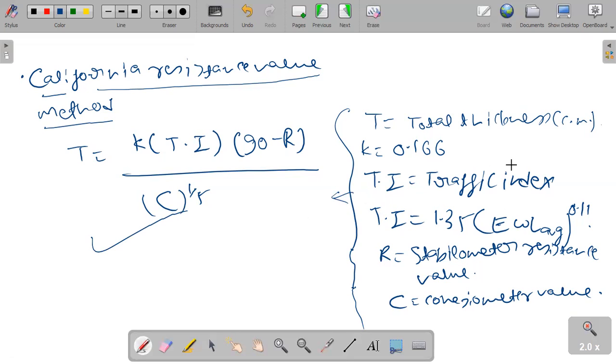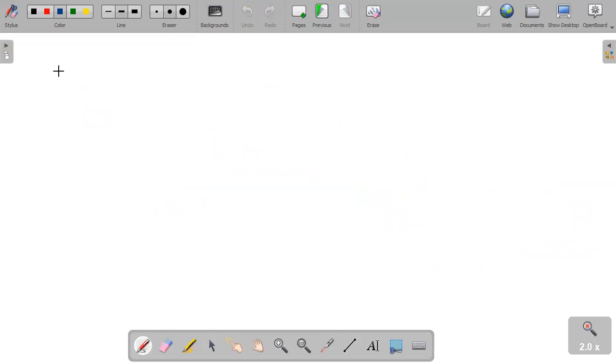We have a table for this concept which will help you solve numericals, between number of axles and equivalent wheel load constants.